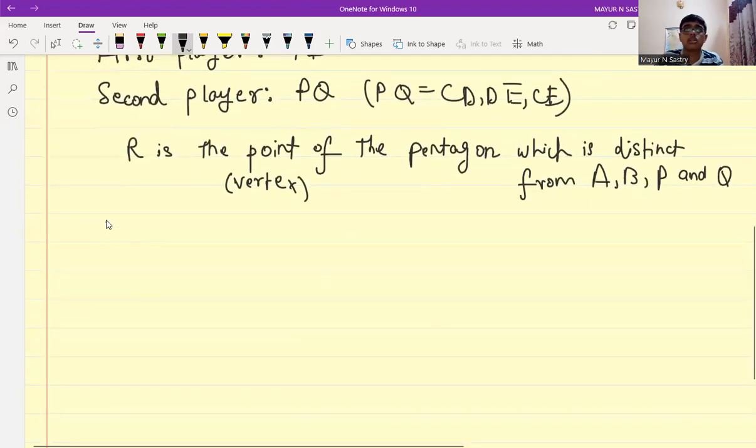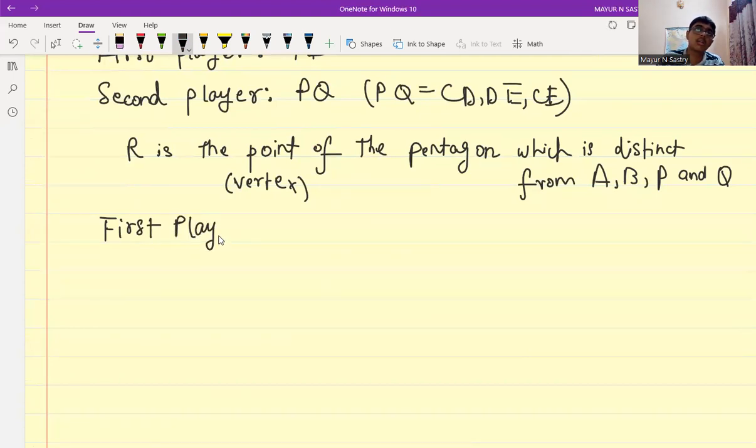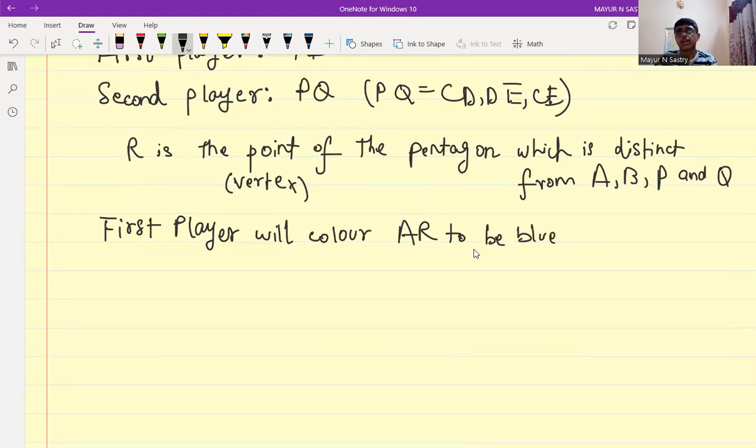So the first player will color AR to be blue. Now realize that AB is blue and AR is blue.